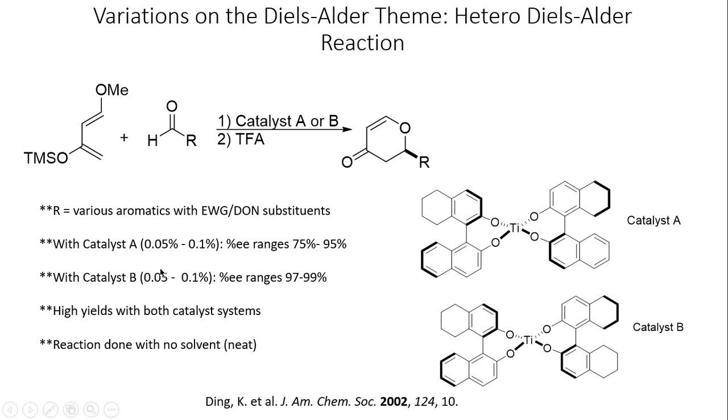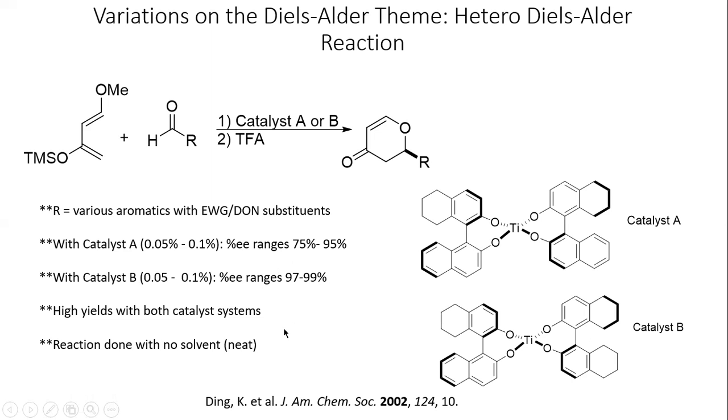A catalyst loading this low, 0.05, that's excellent. And your EEs range with catalyst A from 75 to 95% EE for this enantiomer. And then with catalyst B, which is here, the same catalyst loading, but the percent EE ranges from 97 to 99%. Both give high yields, and again, this is done neat, which is important.